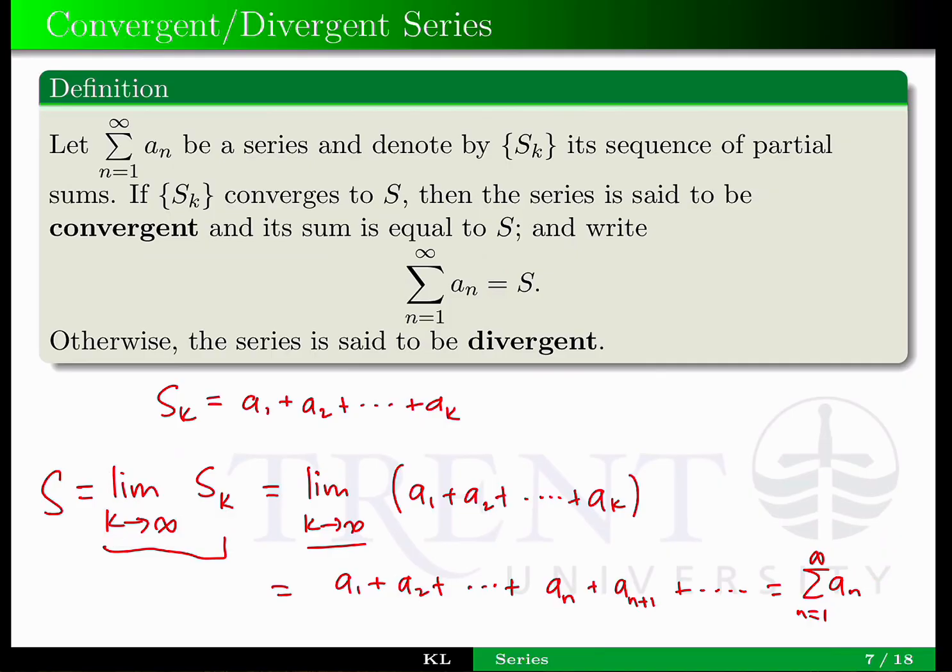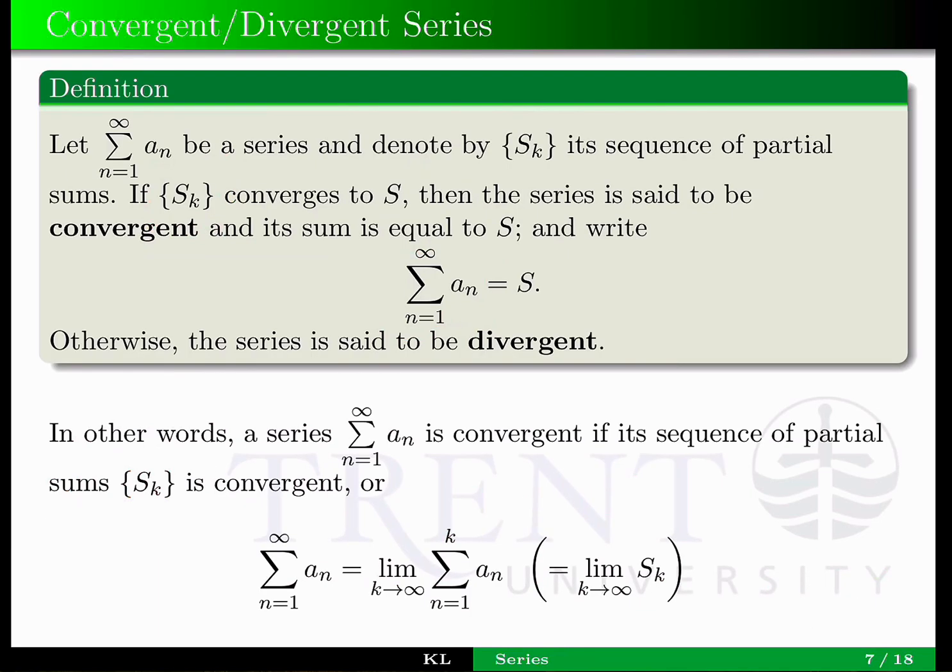So if this sequence of partial sums converges to S, some real number, then this S is the actual sum of the series. In other words, this series here is convergent if the sequence of partial sums is convergent.